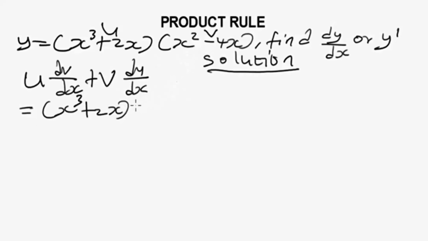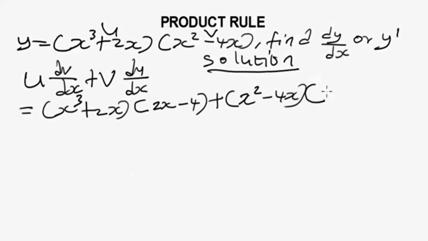When we differentiate x squared minus 4x, we're going to have 2x minus 4. That's what we're going to have, guys. Then plus, this time around, leave v in brackets, x squared minus 4x, then differentiate u, du over dx. That's what it means.